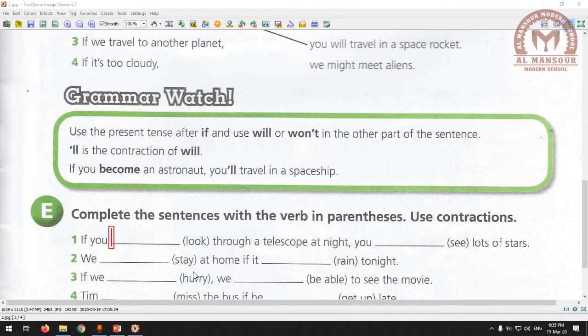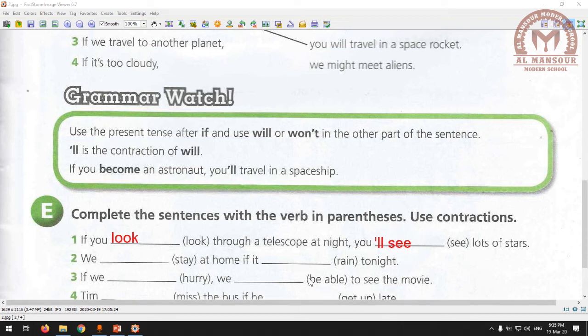If you look through a telescope at night, here we have the first contraction. So you'll see. Okay, in the future simple, the verb that comes after will is the infinitive form without any additions. Okay.